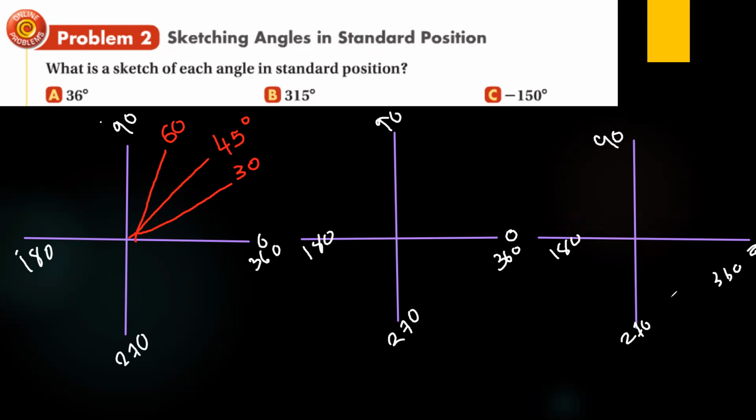The measurement from this point to this point will be 60, and the measurement from this point to this point will be 30. So where will the 36 be? Approximately between 30 and 45. So this will be the angle of 36. Let's draw it, so approximately it will be here.